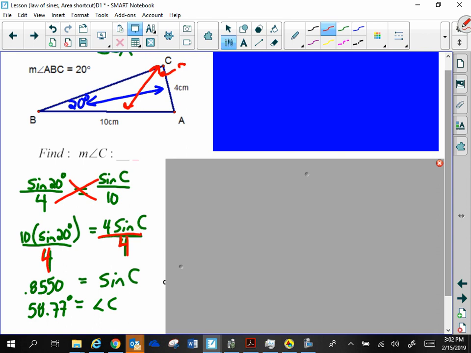So this right here is going to be 58.77 degrees. So what's so bad about this?